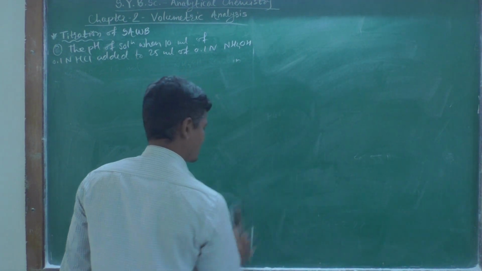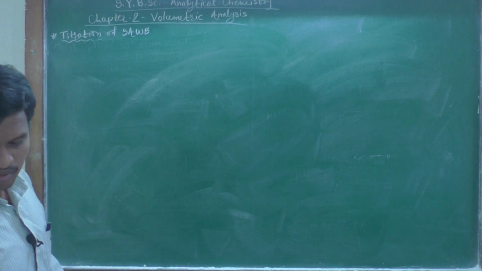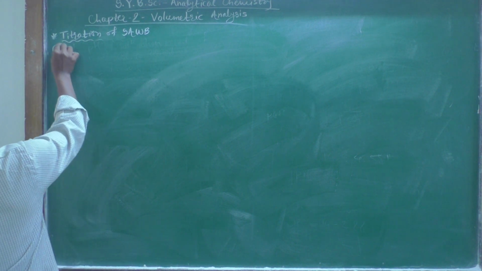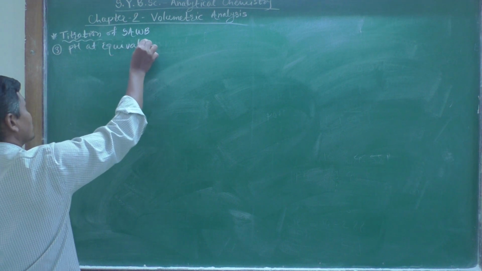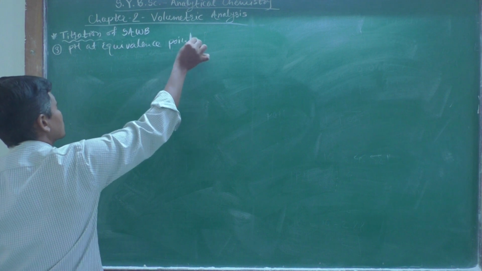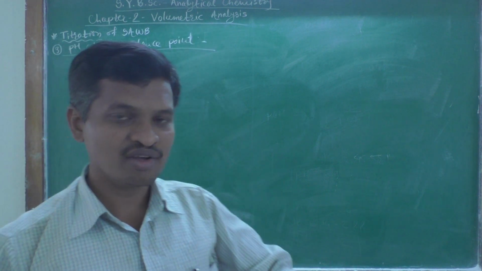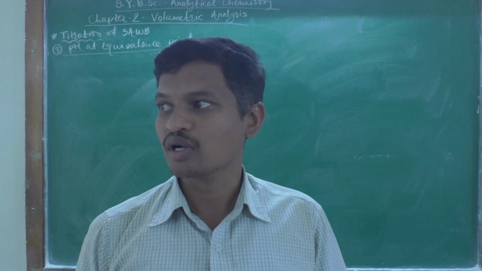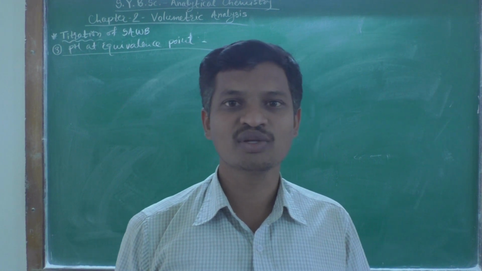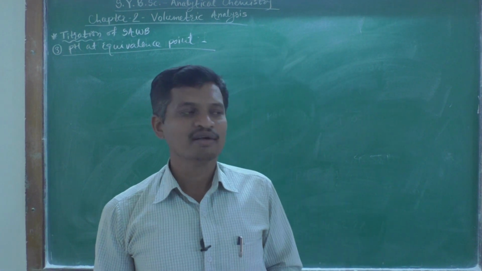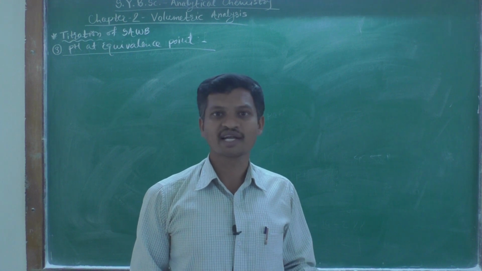So at the equivalence point, what is the situation? At the equivalence point, 25 ml of HCl that we have added from the burette to the 25 ml of ammonium hydroxide solution taken in the conical flask, there is a complete neutralization reaction between them, and no acid or base remains unreacted at this stage.